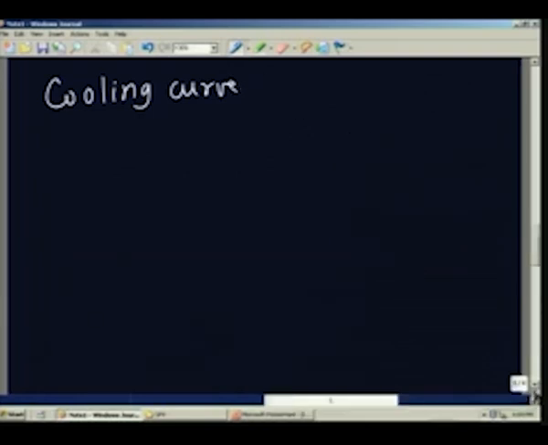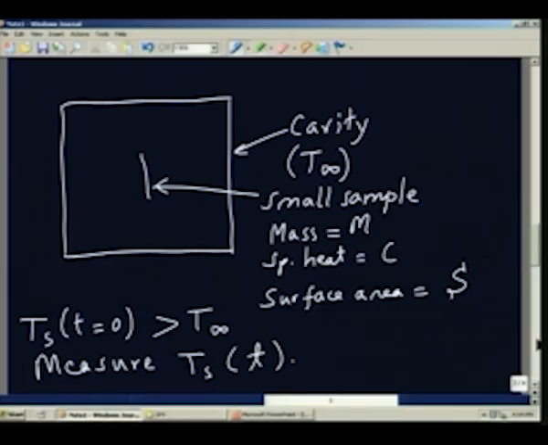You would get what is called a cooling curve. The temperature of the sample, which was higher than the T infinity to start with, will start reducing, and of course, if you wait long enough, it will come to the same temperature as the cavity temperature.